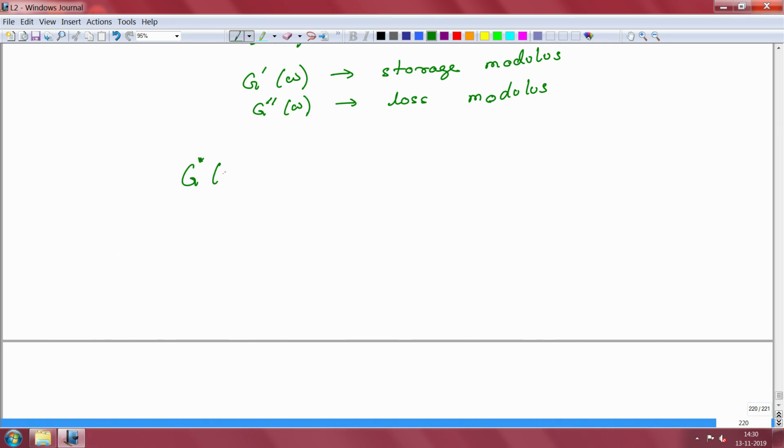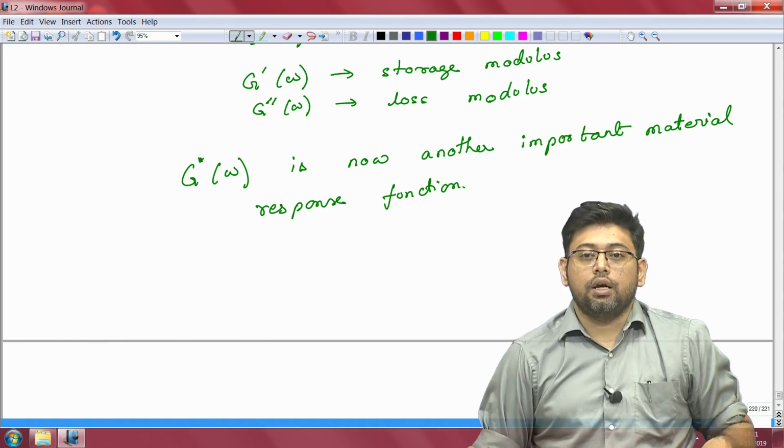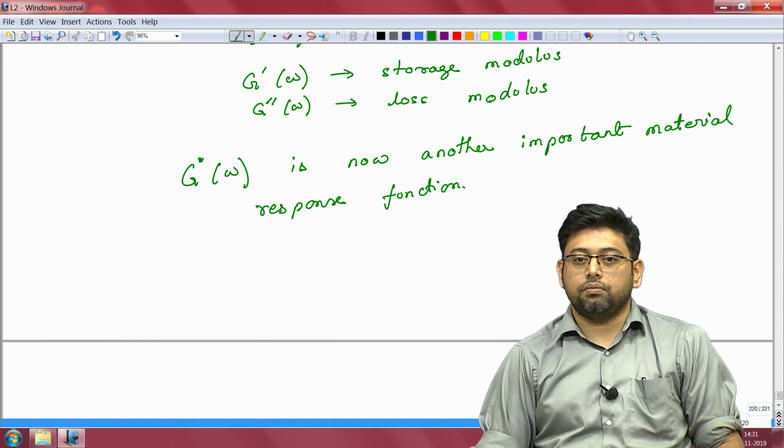This complex modulus is now another important material response function, which means that G star omega can be used to characterize the behavior of a material, right.